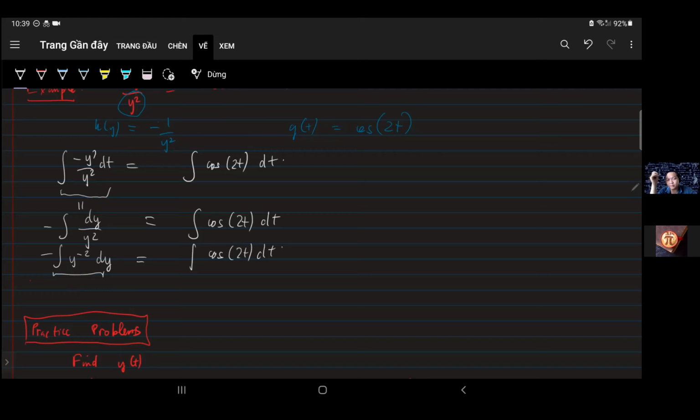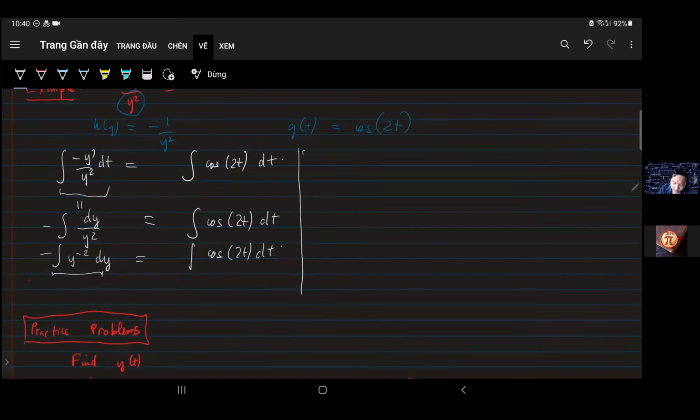You take the integral of a polynomial of the nth order. In this case, the power is -2. So it's going to be y to the -2 plus 1 divided by -2 plus 1, with a negative sign, equal to the integral of cosine.